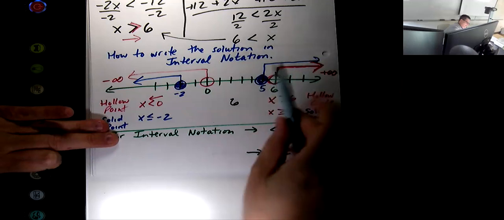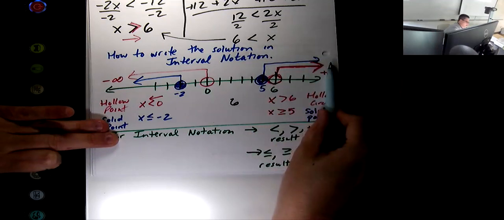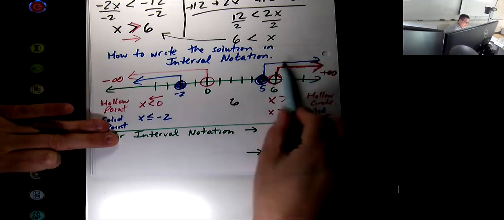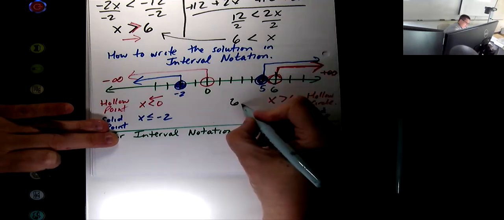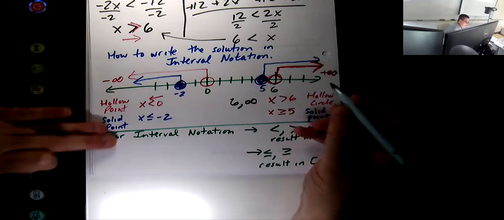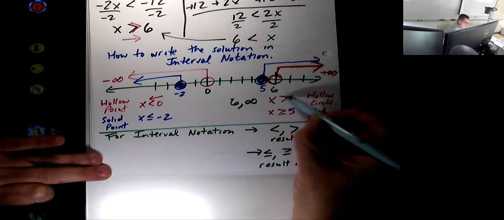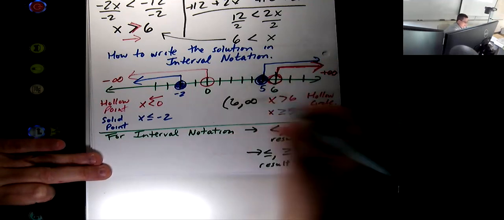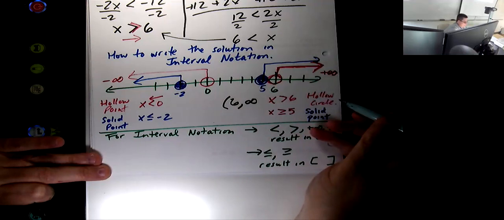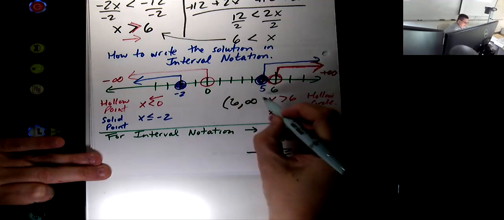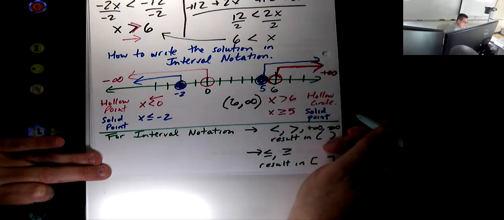And if I keep moving the pin to the right, it keeps going to infinity. I'm going to say 6, comma, infinity. Since I had a greater than sign with the 6, this gets a parentheses. And infinity also gets a parentheses.